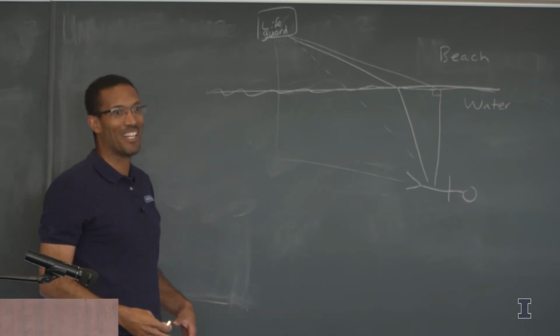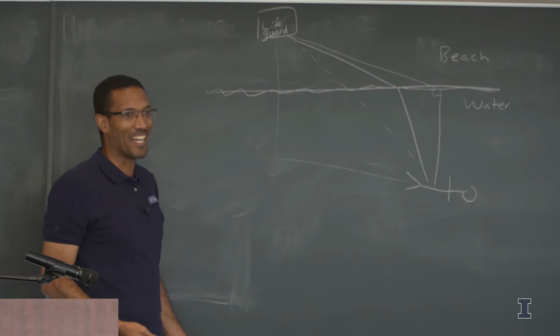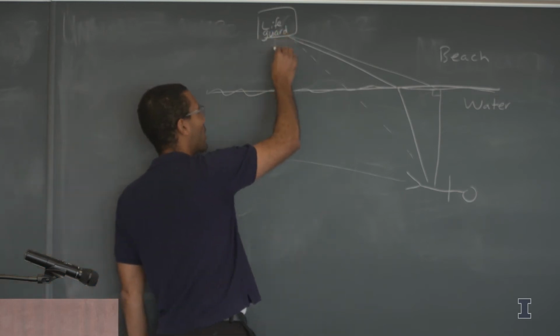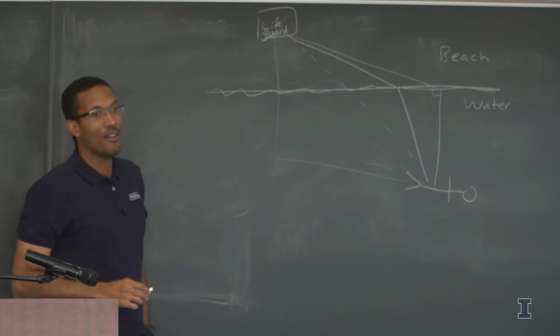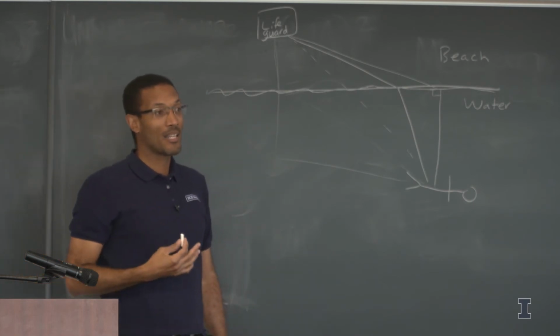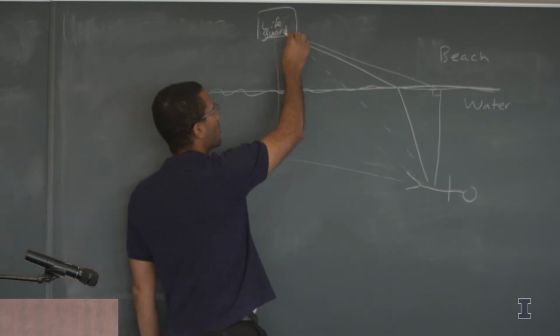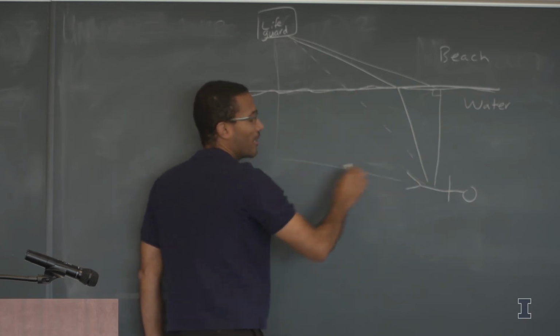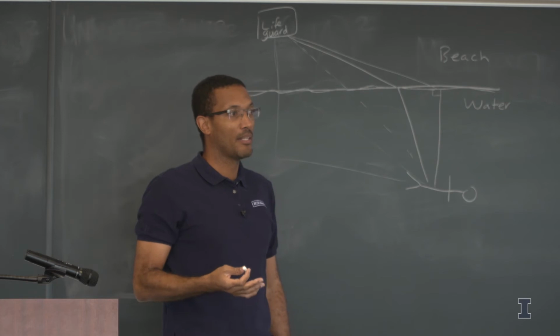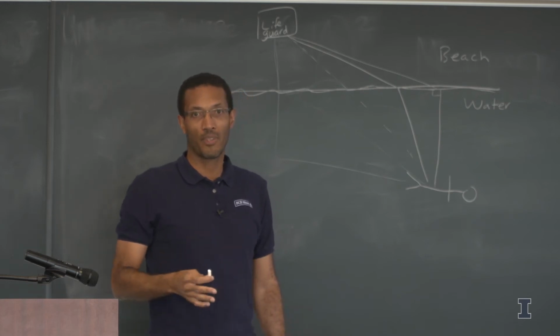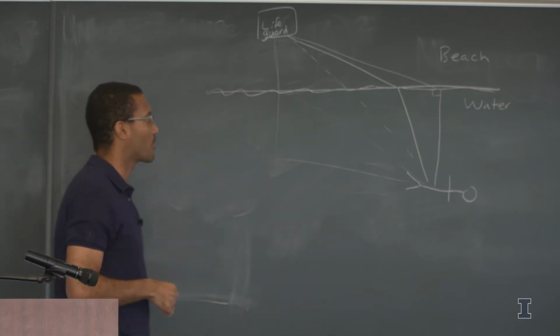I'm Aquaman, right? And I can't run on land. In that case, I would go along this path and then go along that path. If I can run and swim at exactly the same speed, I would go the shortest distance along this line. So the path I take really depends on the speed in the two different materials. And this is exactly how lenses work.